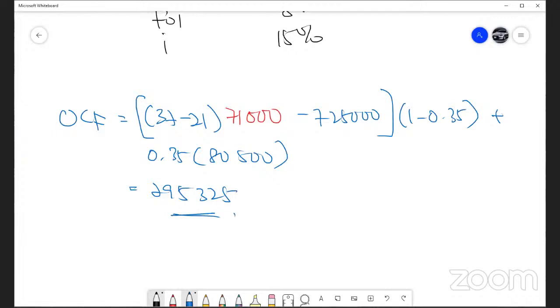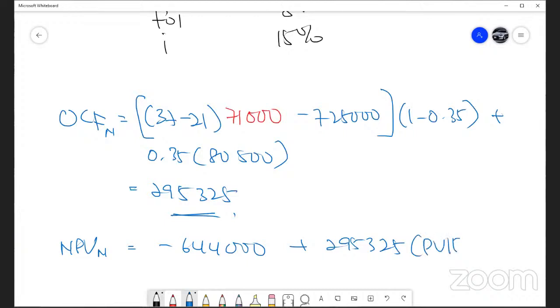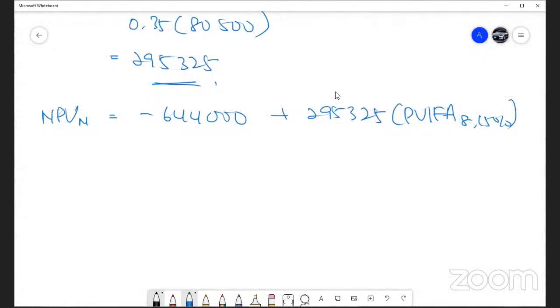So this is the new OCF. Then new NPV, same thing, but now your cash flow is different already. Still for 8 years and 15%. So calculator, also do the same thing.